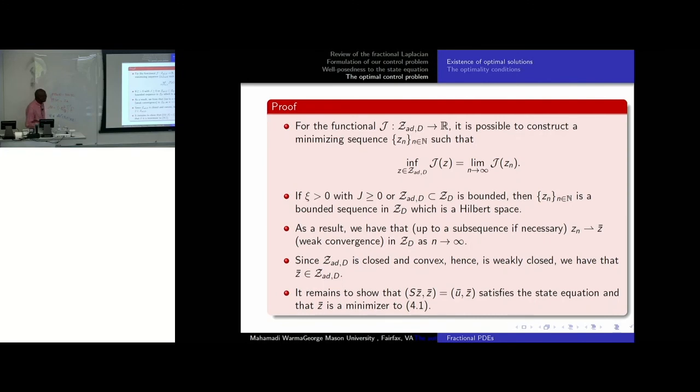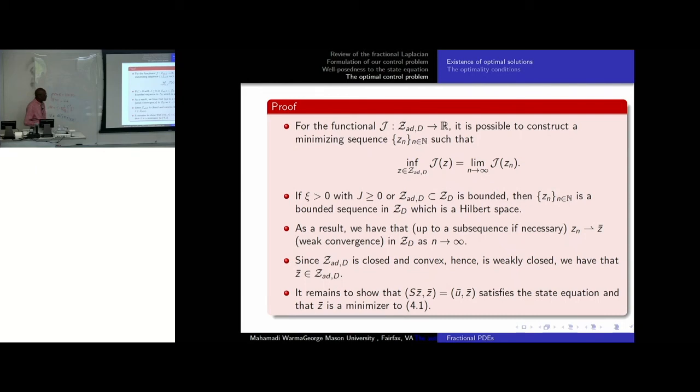Well, let's give an idea of the proof. Like the previous times, we can always construct a minimizing sequence such that the infimum is equal to the limit of this minimizing sequence.